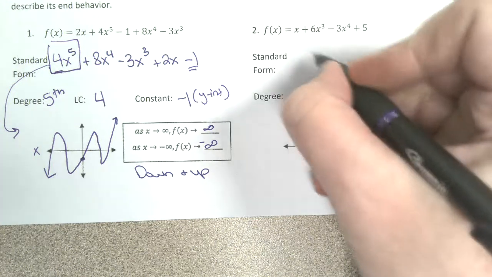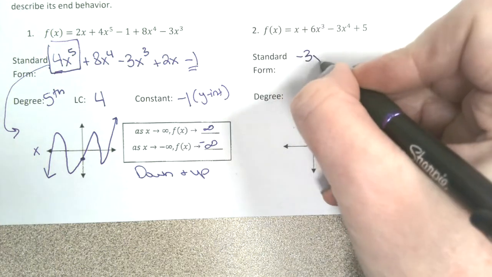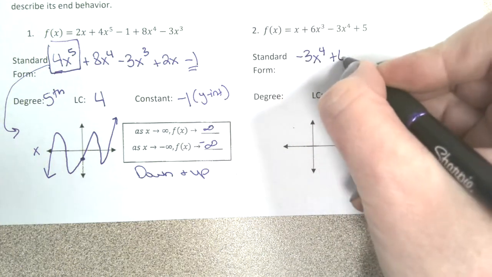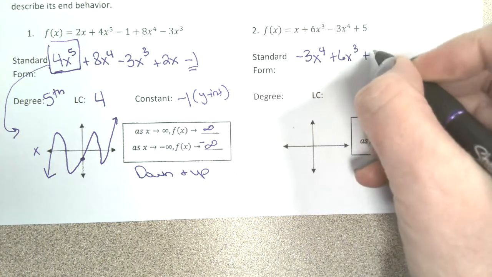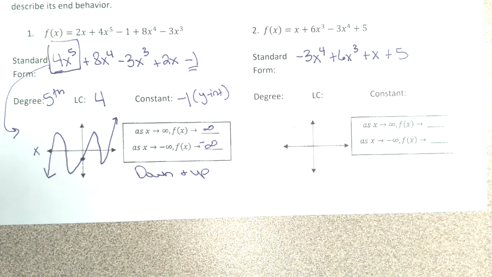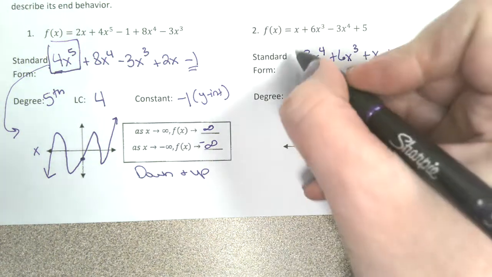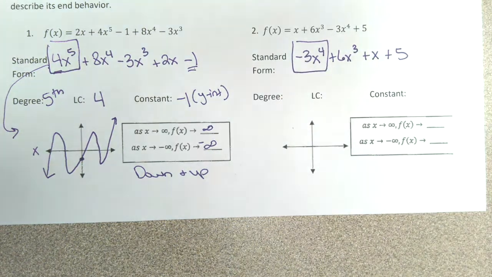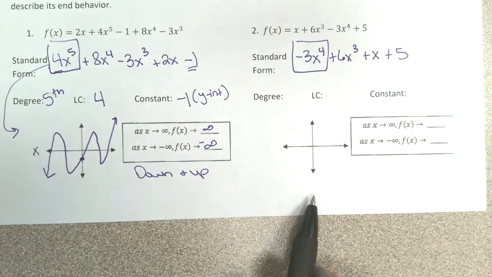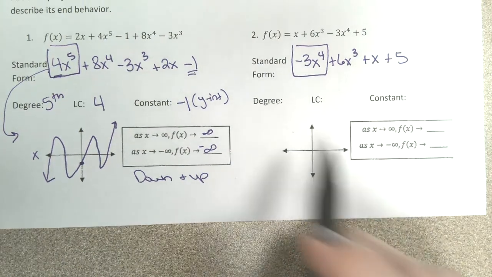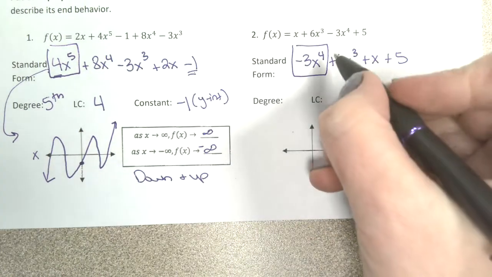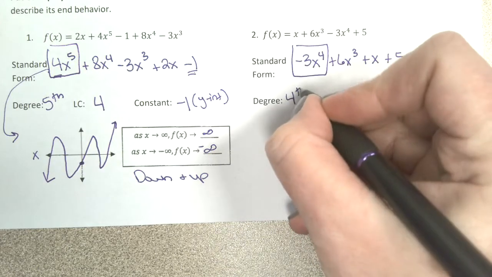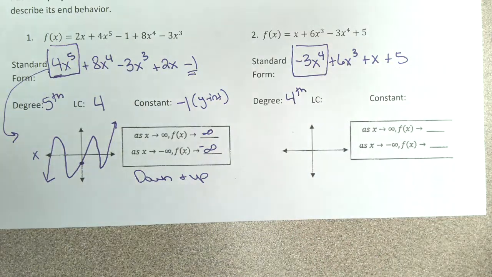All right, so in standard form, it goes biggest exponent first, -3x^4 plus 6x to the third plus x plus 5. The leading coefficient and its exponent determines the shape. What is the degree? So the degree, this is a fourth degree polynomial.